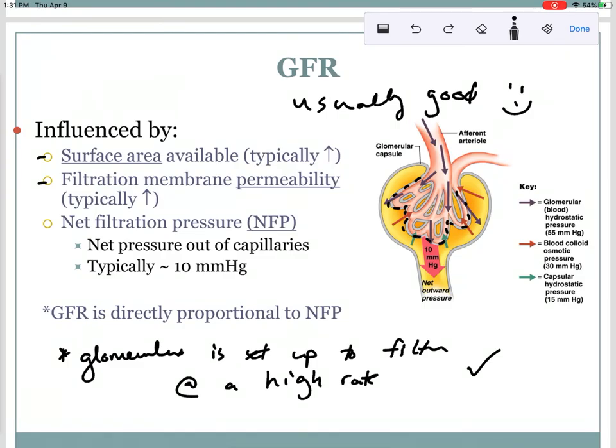So things can relatively easily move from the glomerulus into the capsular space. Okay, so the glomerulus is set up well for filtration. High surface area, very permeable membrane, and we have a net filtration pressure in this direction. So all three of these things are helping the glomerulus to be set up very good for filtration.